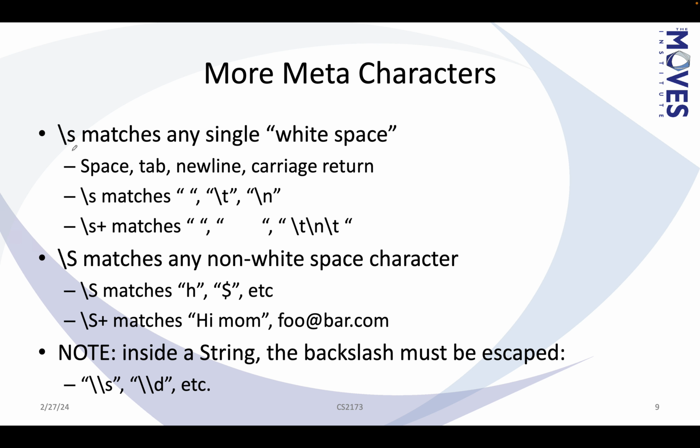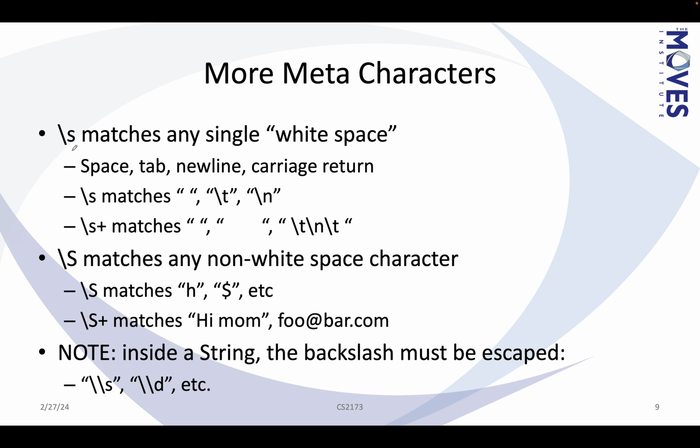When I say white space, basically, a white space is just a space, tab, new line, or carriage return. These days, it's kind of hidden from a lot of us, but all the major operating systems have a different way of telling the printing to go to the next line.